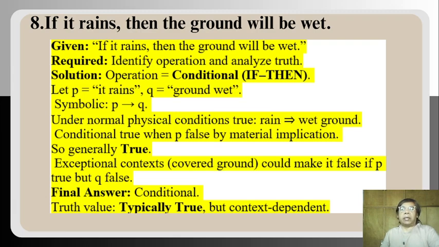So, generally true. In an exceptional context, such as covered ground, it could be false if P is true but Q is false. So final answer: conditional. Truth value: typically true, but context dependent.